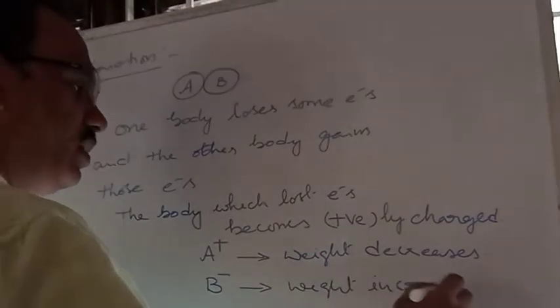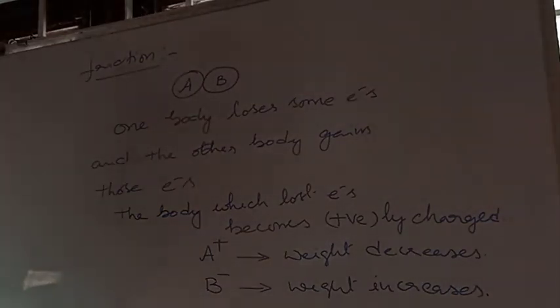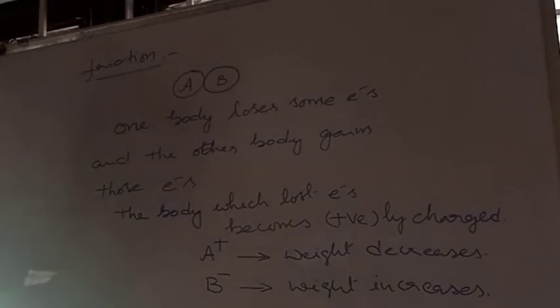So by this process, we can make neutral bodies into charged bodies. This is the first method of making a neutral body into a charged body, that is the process of electrification.